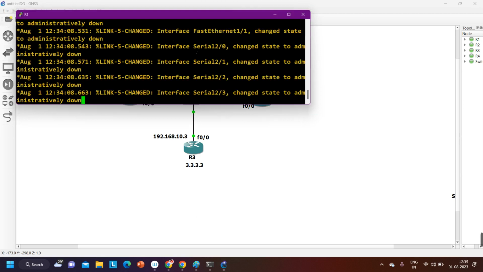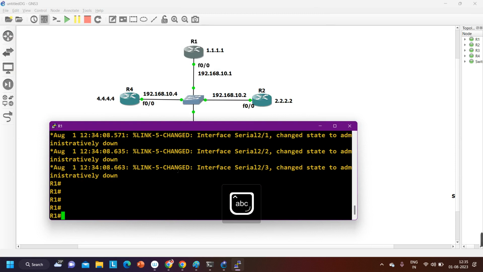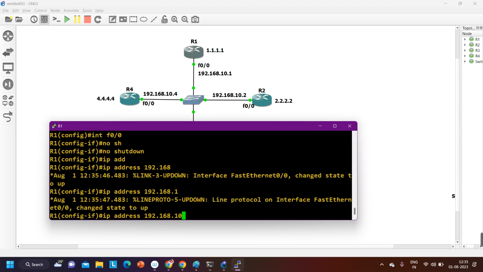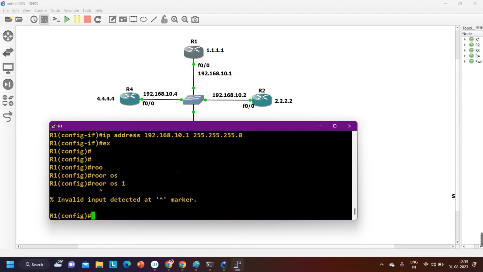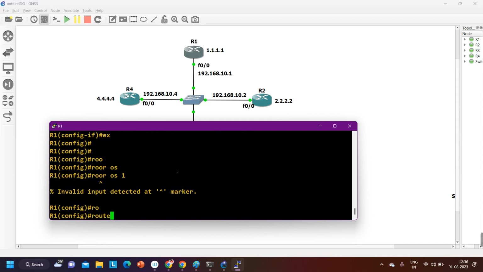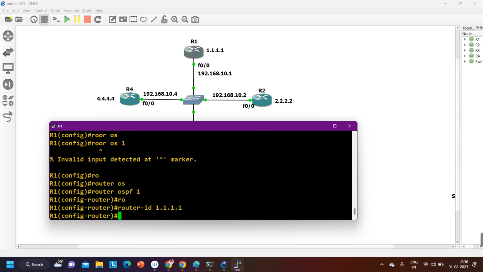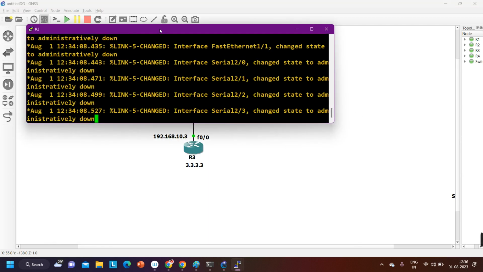Got it. Okay, now on router number 1 I am going to configure the IP first. Interface F0/0, no shutdown, and IP address is 192.168.10.1, exit, router OSPF 1, router ID 1.1.1.1. So I configured router ID 1.1.1.1 on router number 1. Let me go to router 2.